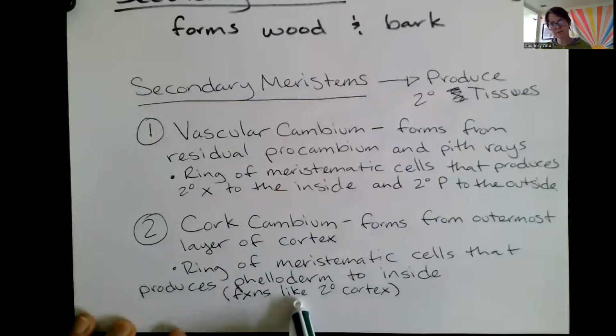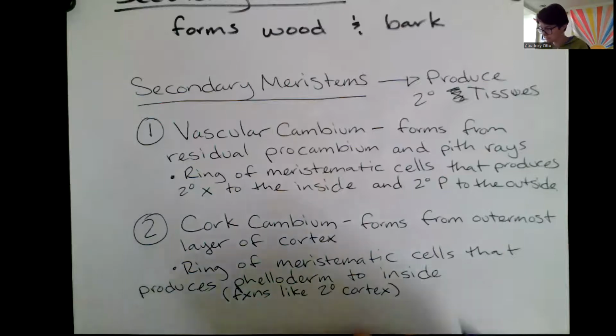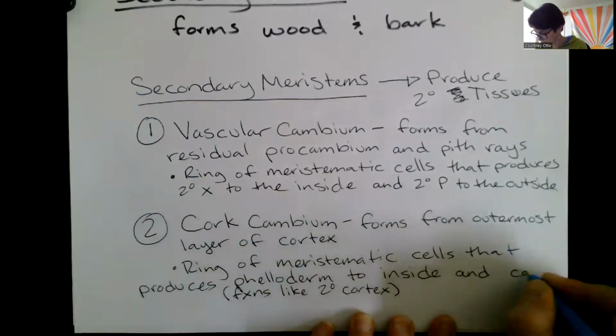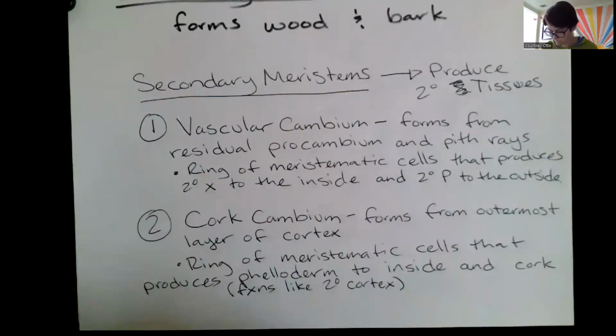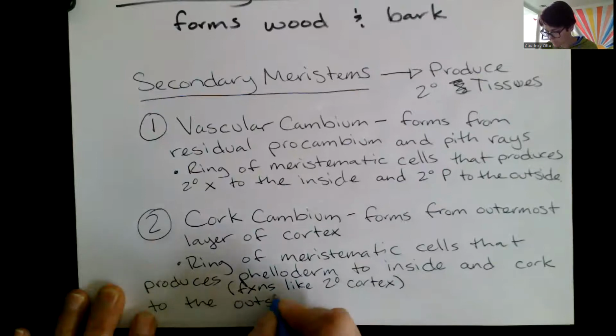So phelloderm is going to get produced when the cork cambium divides to the inside. When the cork cambium divides to the outside, cork is going to be produced. Now, you have a concept of cork, right?